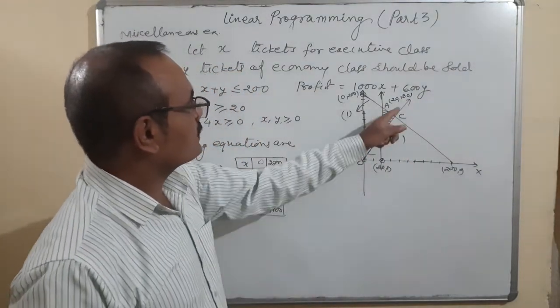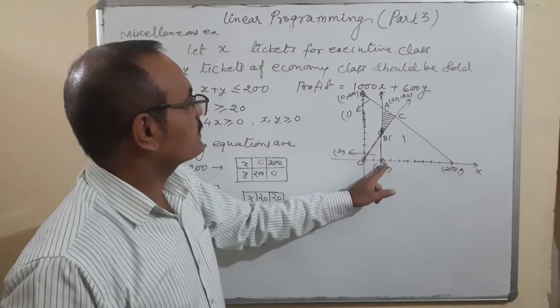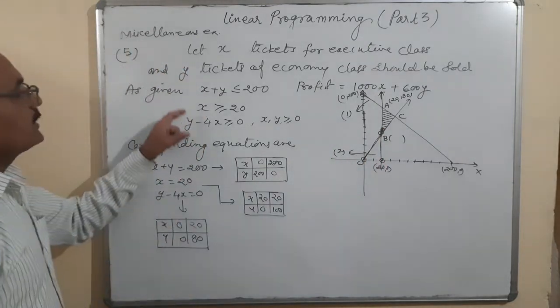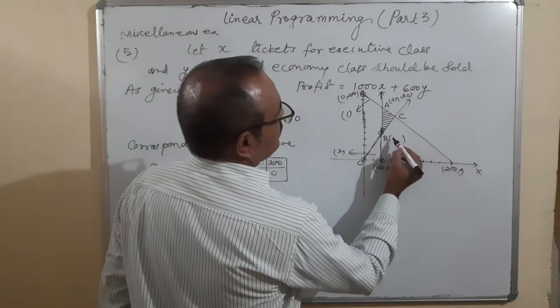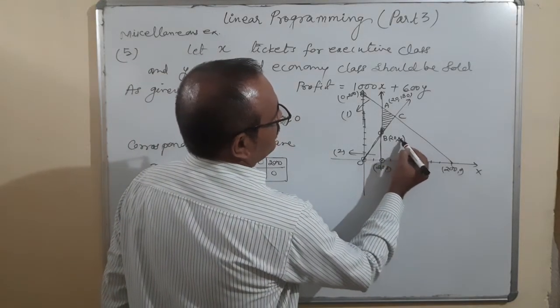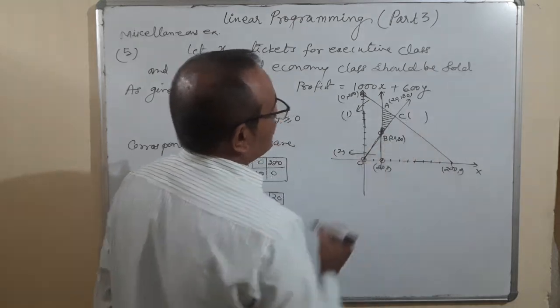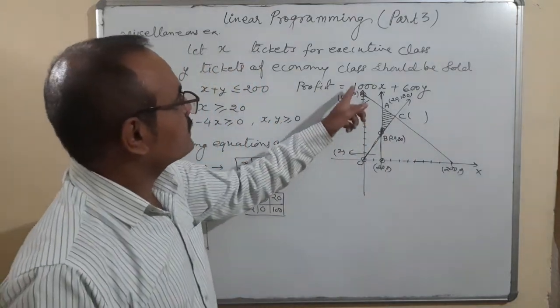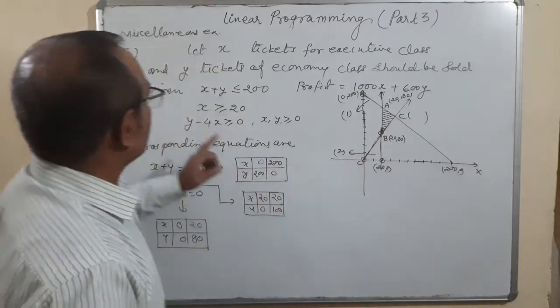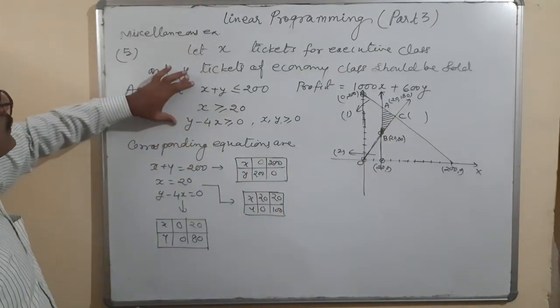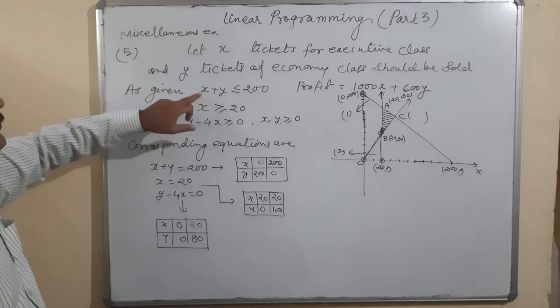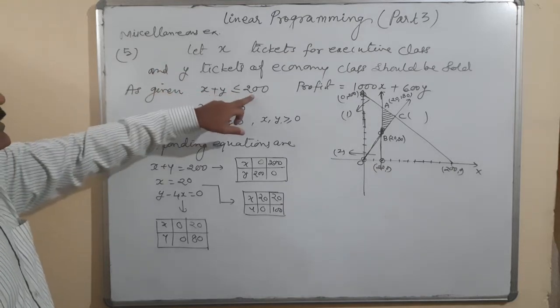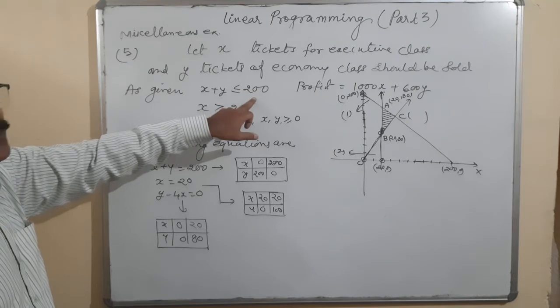B, it is third line and it is second line. Second and third. When I put x is equal to 20, y is equal to 80. So that is 20, 80. Now let us see third, C. C is having first and third. x plus y is equal to 200, y is equal to 4x, where I put here 4x plus x, 5x. 5x is equal to 200, x is equal to 40.